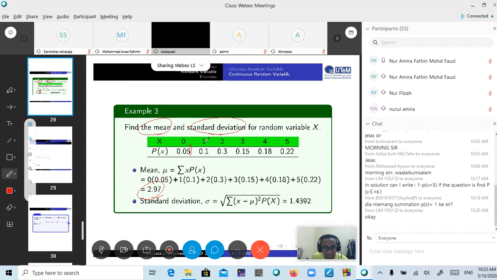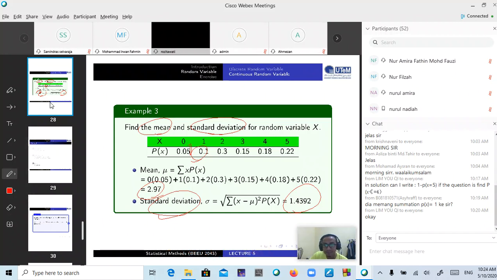Okay, 1 minus 2.97 square times by 0.1. Okay, and then plus 2 minus 2.97 square and times 0.3. That one to find standard deviation, and then you can get 1.4392. Okay? Boleh faham yang ni?